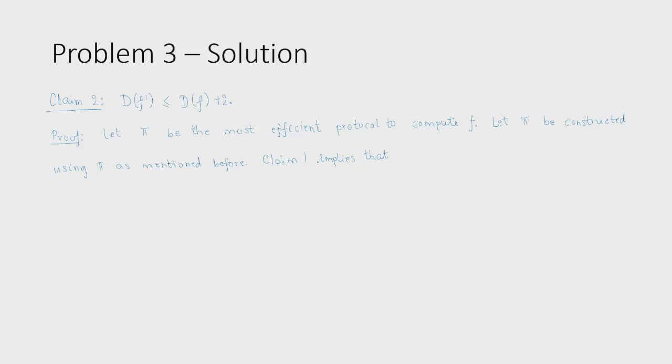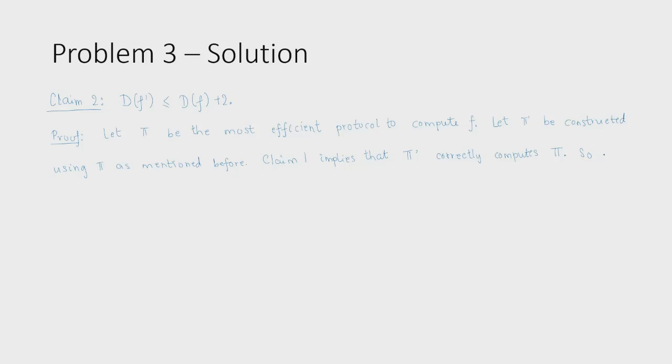Claim one implies that pi prime correctly computes f prime. Now we'll find out how many bits are communicated.